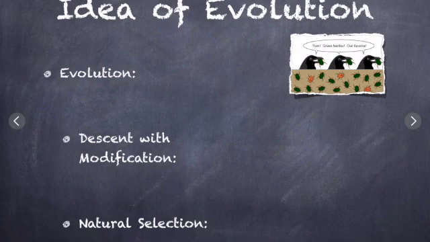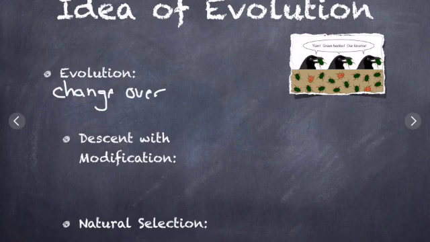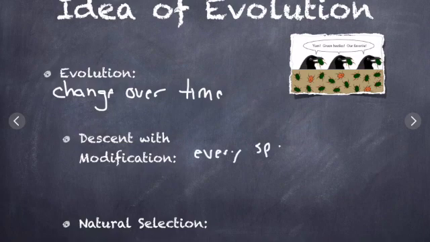So evolution is this idea of change over time. Another way that he put it was descent with modification. Descent with modification is a process of evolution, and every species must have come from pre-existing species.